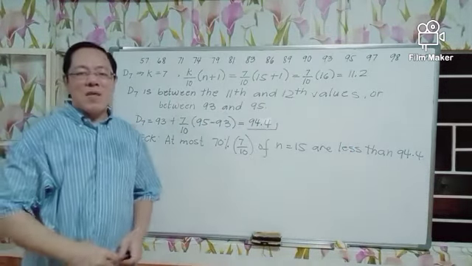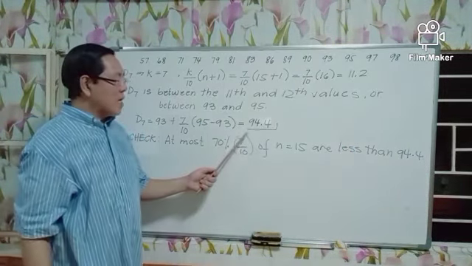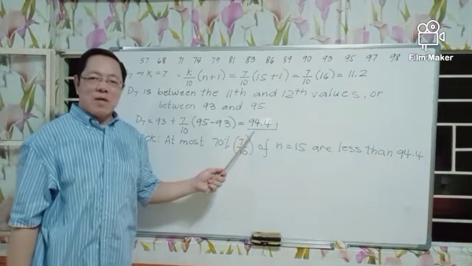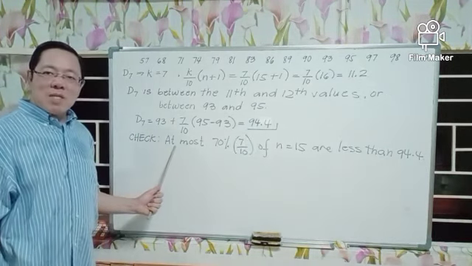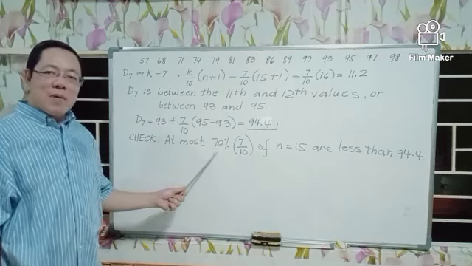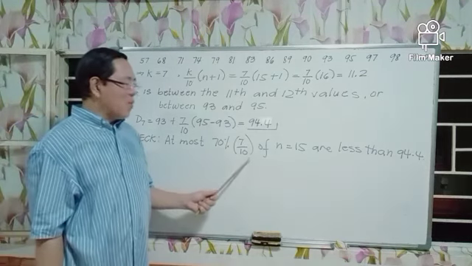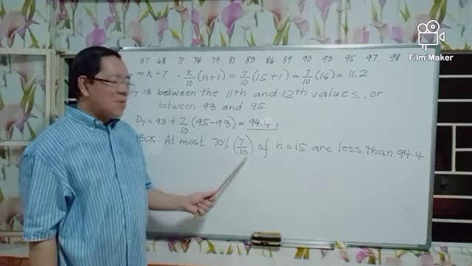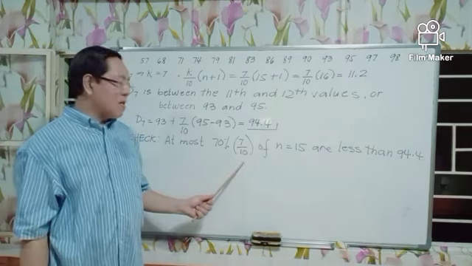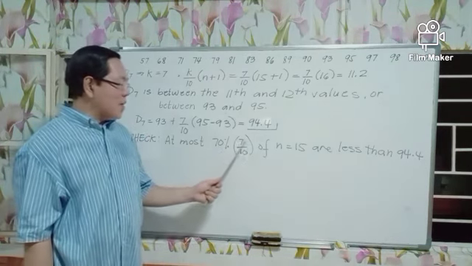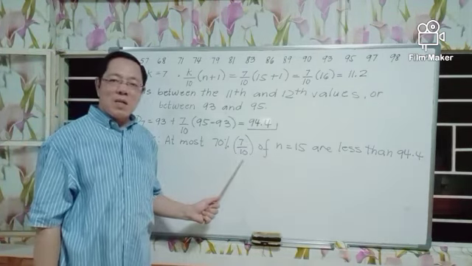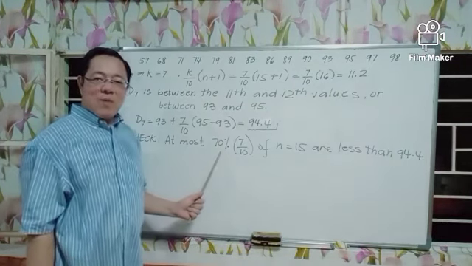To check if the 7th decile value that we get of 94.4 is correct, this condition must be satisfied: at most 70%, or 7 over 10, of the sample size, or the number of values 15, are less than 94.4. 7 over 10 converted to percent is 70%. Multiply 7 over 10 by 100%, you get 70%.